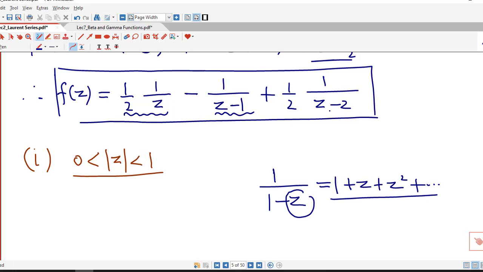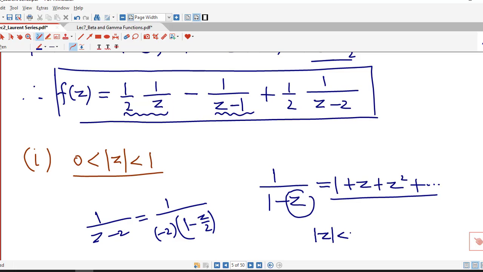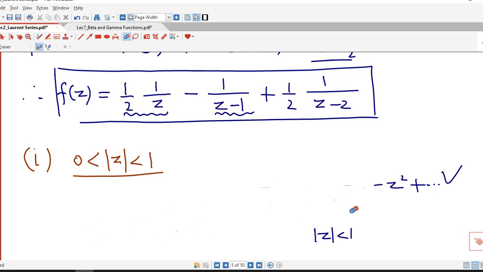Here we will represent it in the form 1 over 1 minus something, so in that we will take minus 2 common, and we will have 1 minus z by 2, and because absolute value of z is less than 1, absolute value of z by 2 is also less than 1, so we can use that formula here. So first we rewrite our function in this form 1 over 1 minus something, and then we see what we obtain as an expansion of the given function.